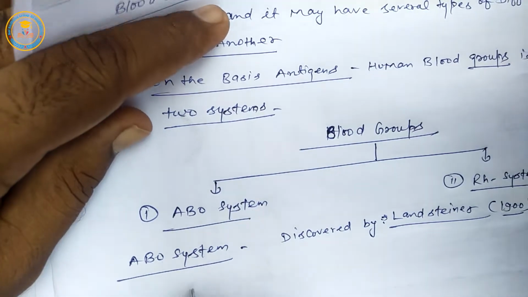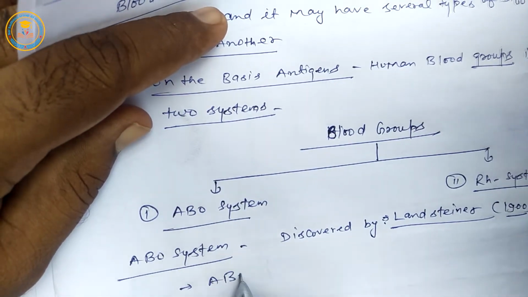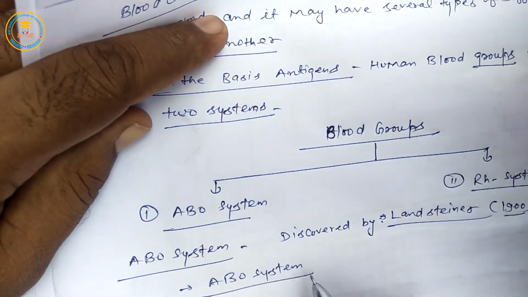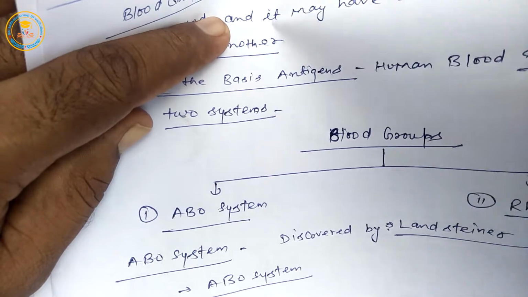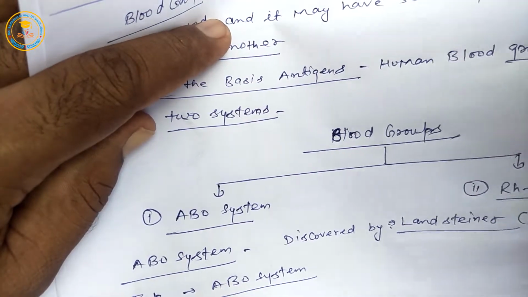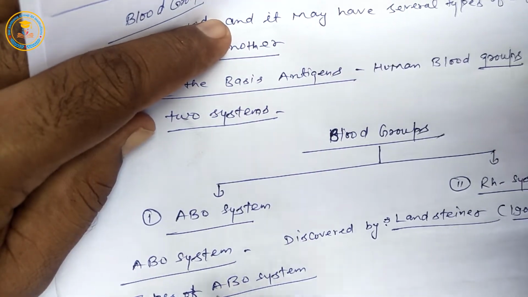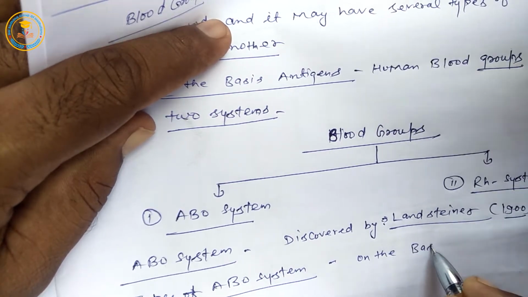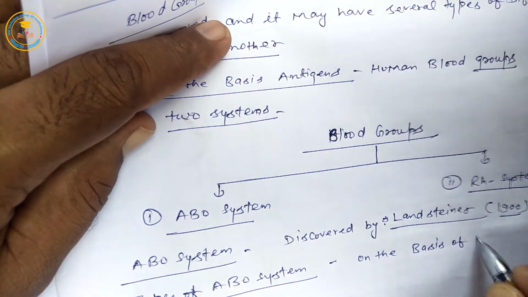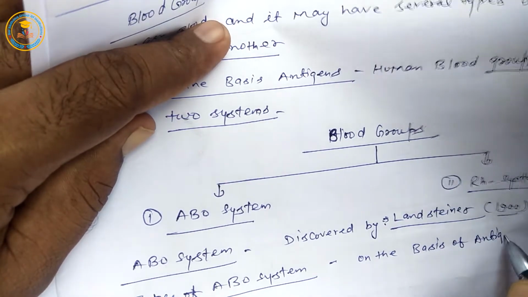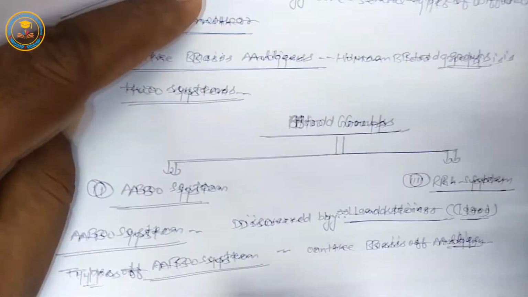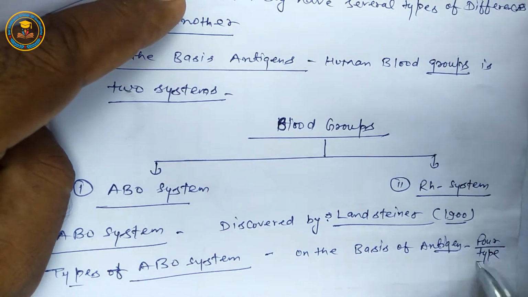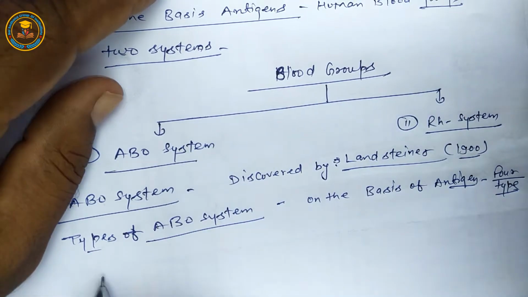Next is the ABO system. Types of ABO system on the basis of antigen. Mostly there are four types of ABO system.